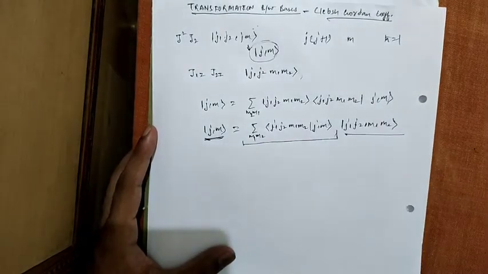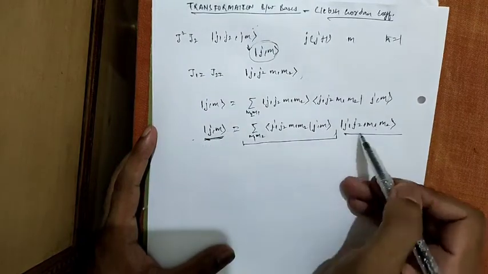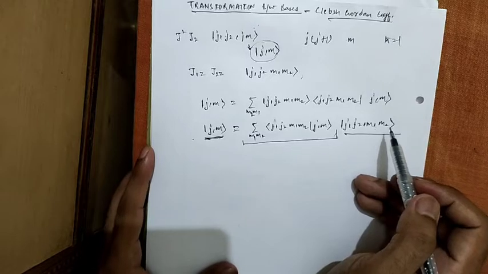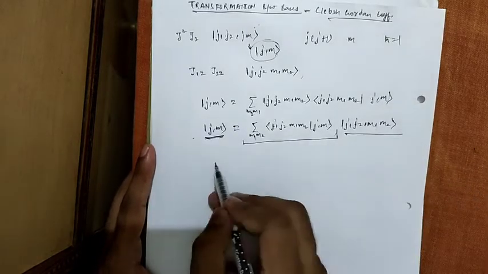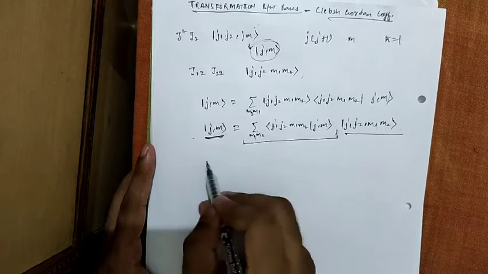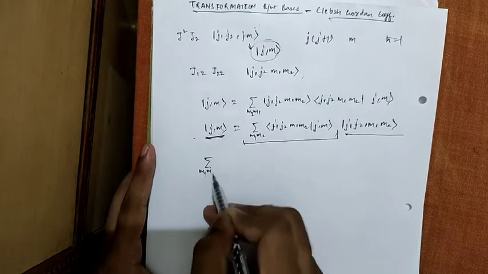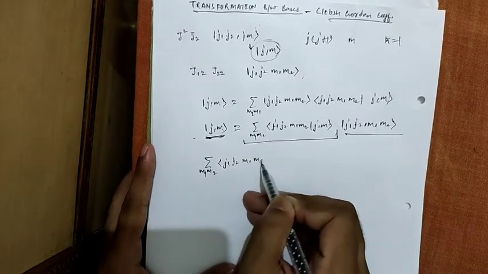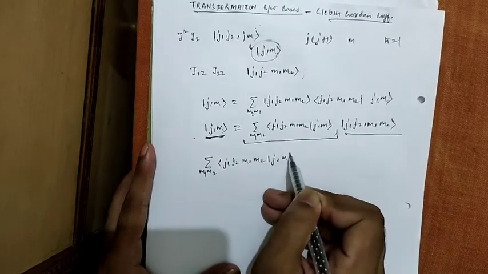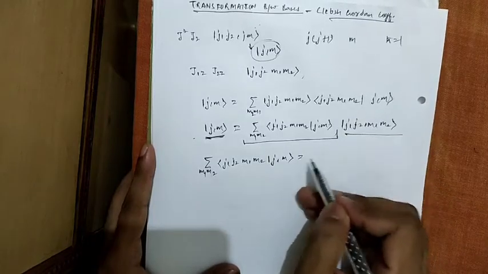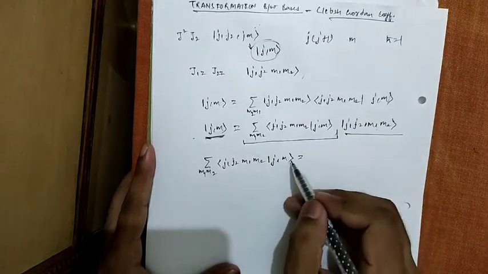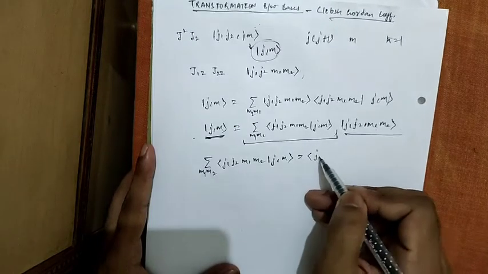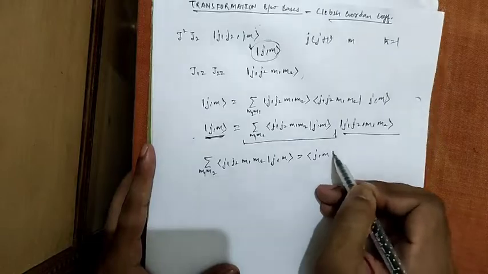From here we can conclude that |JM> and |J1, J2, M1, M2> are normalized, so this must be a unitary transformation, and the coefficient <J1, J2, M1, M2|JM> must have real values.